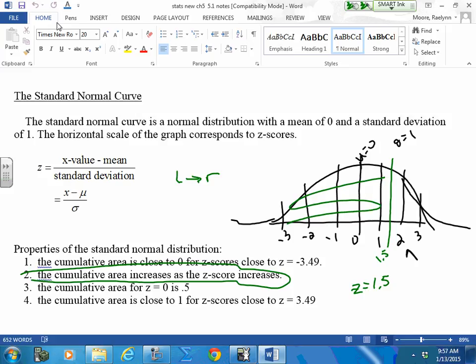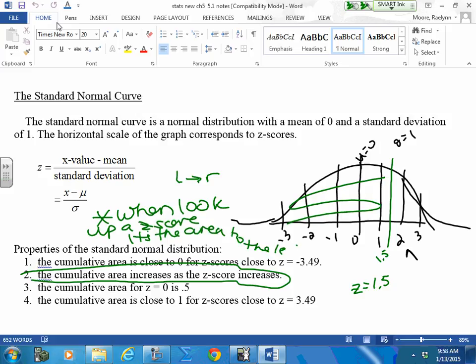So whenever we look up a z-score, and this is the most important thing, write this down somewhere: it's the area to the left of that z-score.